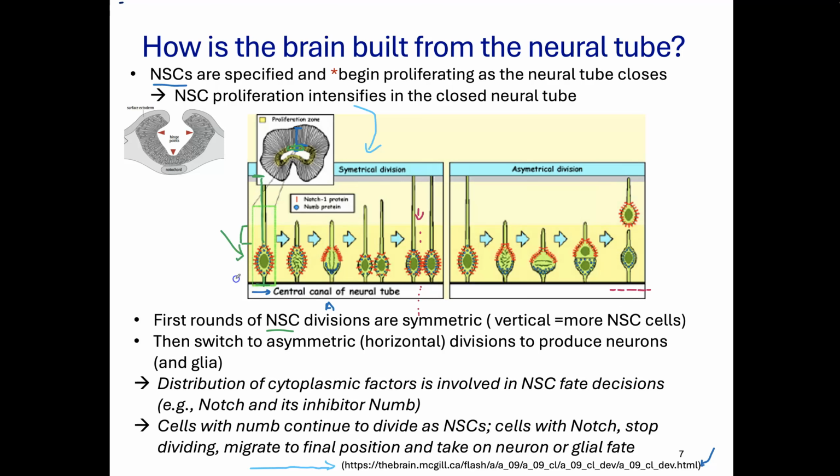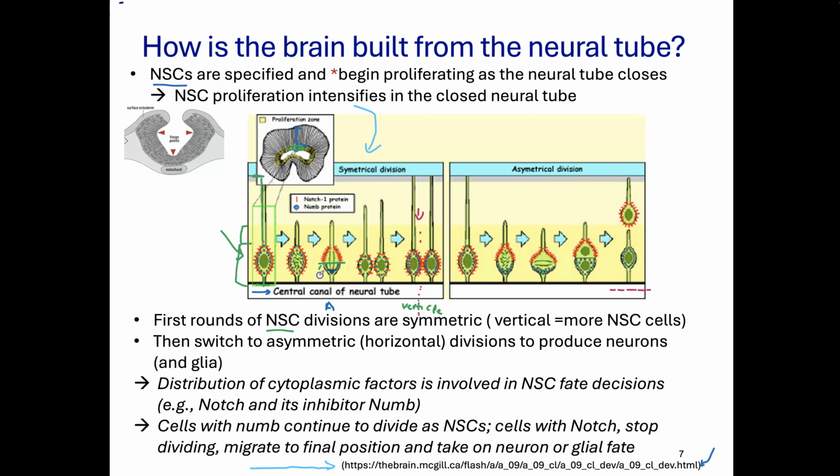The cell bodies tend to be at the apical end, so closer to the ventricle, or the interior of the tube. Now there are two proteins to know. There is Notch, which is the red, and there's Numb, which is the blue. And just before cell division, these two proteins distribute unevenly in the cell.